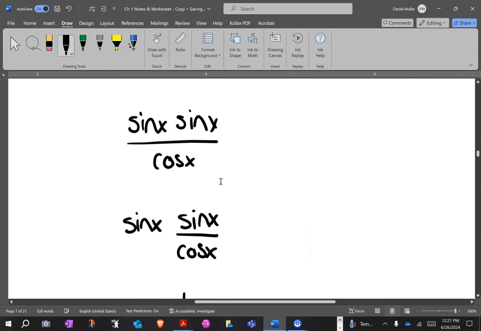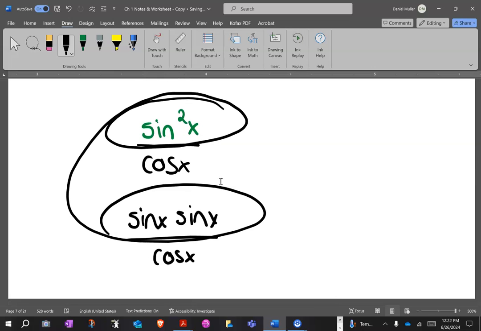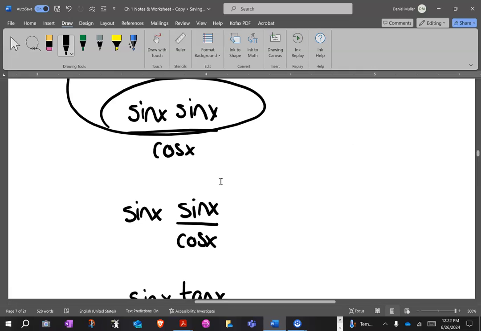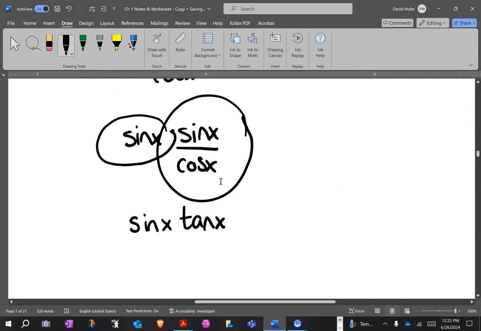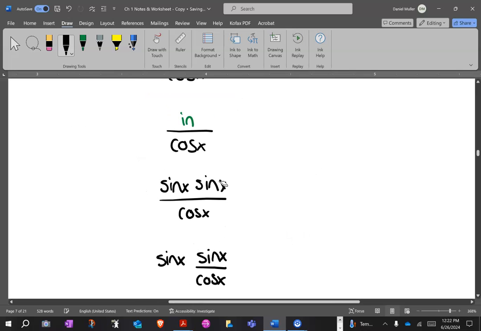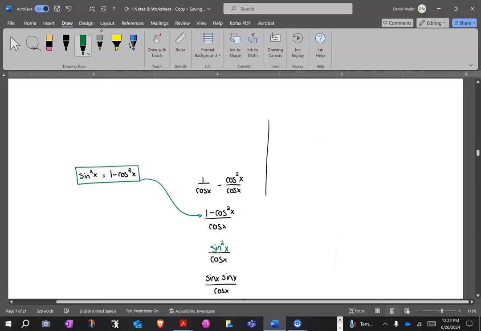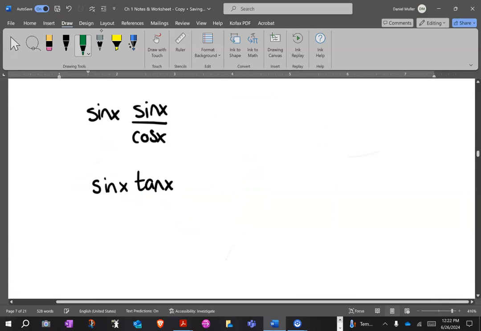So it's about taking this sine squared, knowing to write it as sine twice, and then pushing one of the sines off to the side so that you could make this thing a tan. None of that is intuitive. That's a really big jump to make. Turning that sine squared into two sines. But that's it. You end up getting sine x and tan x. So left side equals right side.